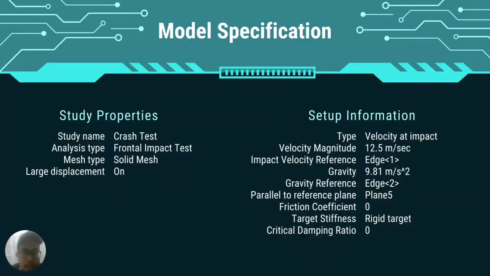For the simulation drop test, we just simulate the frontal impact test. For the setup information, the velocity at impact, the velocity magnitude is 10.5 millisecond, and the gravity is 9.81 meters per second squared.